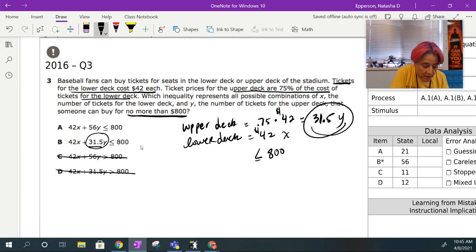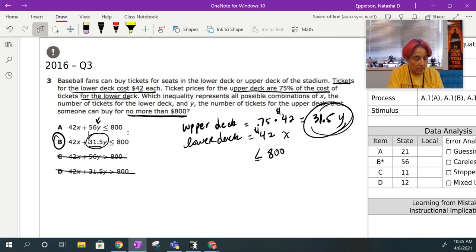So that matches, 31.5 and 31.5 for what I calculated. So B is my answer choice, okay? Now, A would be the answer choice if you didn't notice that 75%.